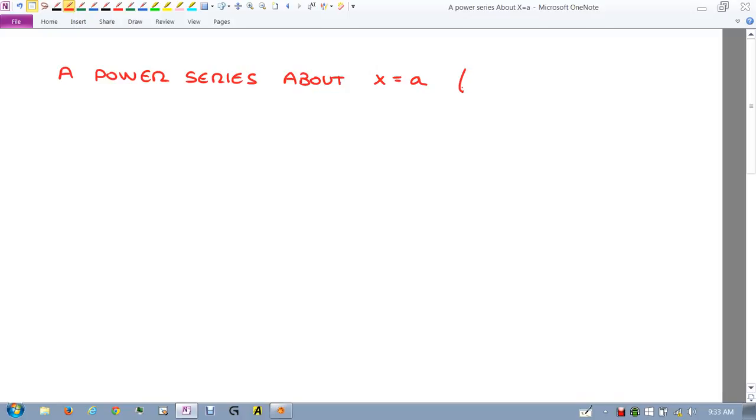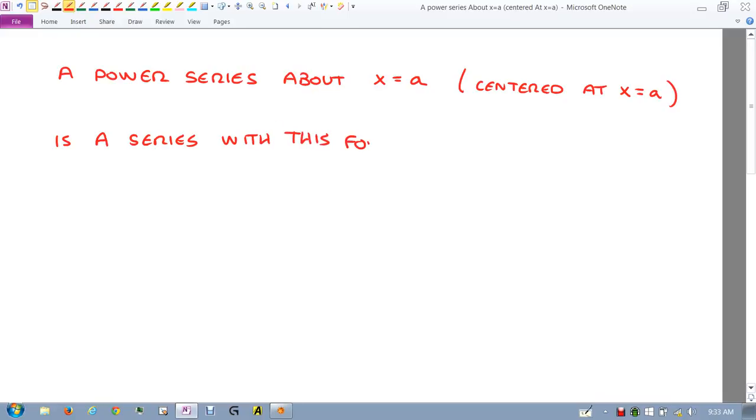You might also hear someone say centered at a. Is a series with this form. So any power series centered at a or about x equals a has to look like this.